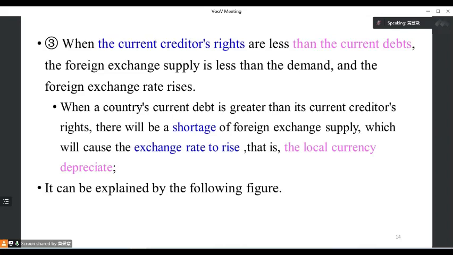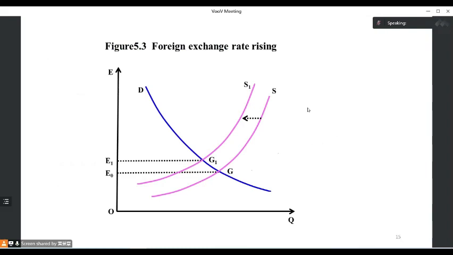So we can find the local currency depreciates. Let's see the explanation of the following figure. Let's see. Figure 5.3. Foreign exchange rate rising.